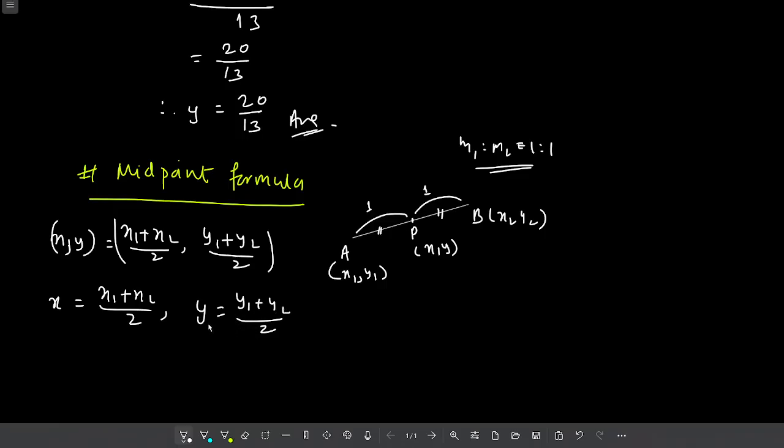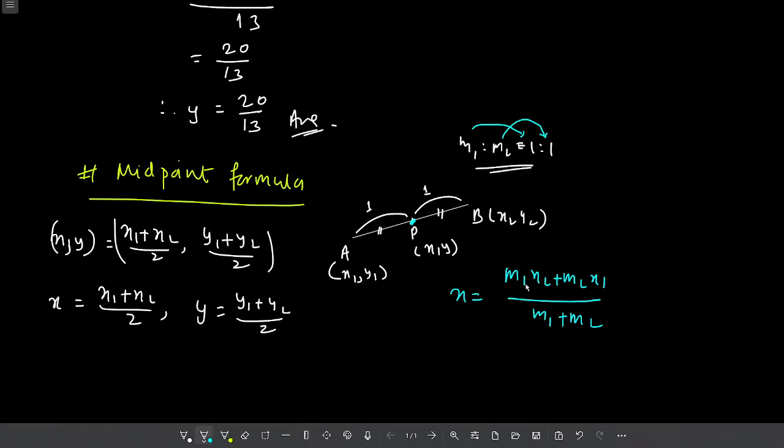This same formula can be derived by using the section formula also. If you use the section formula as x equals m1 x2 plus m2 x1 divided by m1 plus m2, and since we have already discussed that the point P, whenever it lies at the middle, will divide the line in the ratio of 1:1, the value of m1 will be 1 and the value of m2 will also be 1.